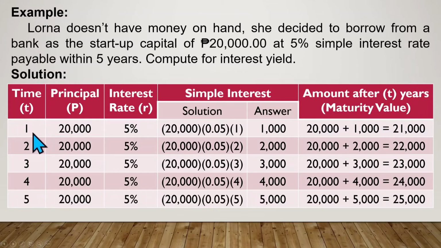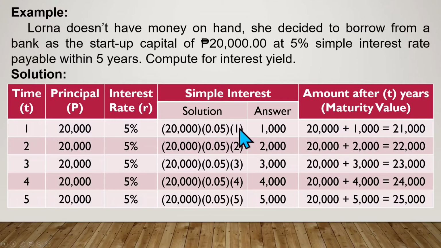On the first year, we have the 20,000. So the solution is 20,000 times 0.05. Where did we get the 0.05? We get it from the 5%. We change the 5% into decimal and we have 0.05.